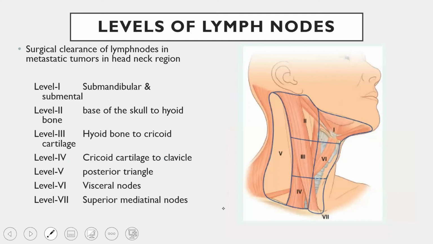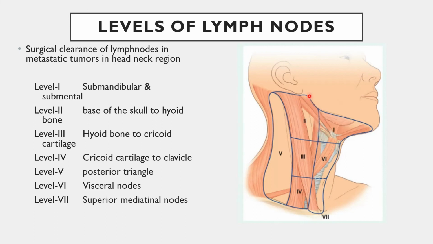Now, surgeons have divided the lymph nodes into different levels. Actually, they have named them as different levels, mainly in cancers, to remove the affected lymph nodes. So level 1 here is the submandibular region.